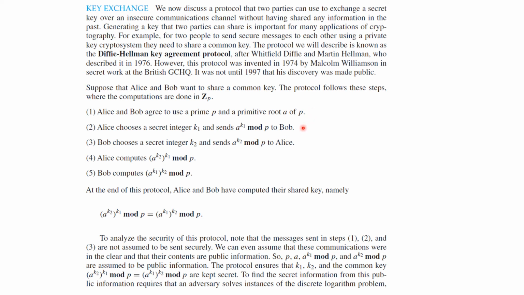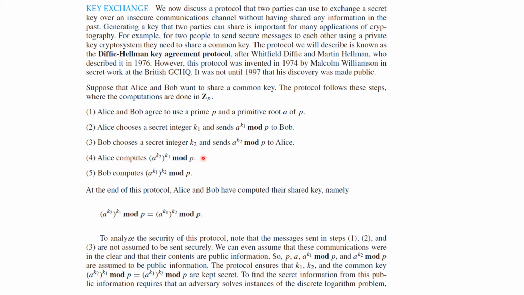Alice chooses a secret integer k1 and sends a to the k1 modulo p to Bob. Bob chooses a different secret integer k2 and sends a to the k2 mod p to Alice.